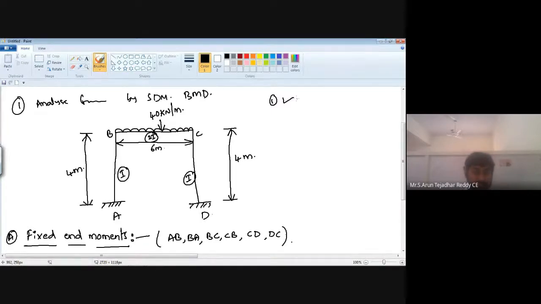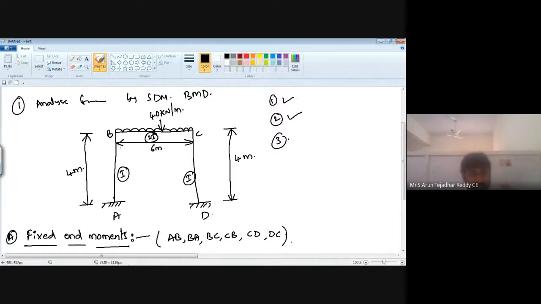Second condition is check for symmetrical EI or I given. If you take A to B, it is I. If you take C to D, it is I. So it is also satisfied. Okay. Next, what is the third one? Check for vertical member length. It means AB is vertical, CD is vertical. BC is horizontal. But the third main condition is check for vertical member length.